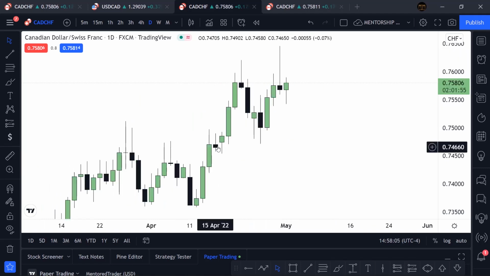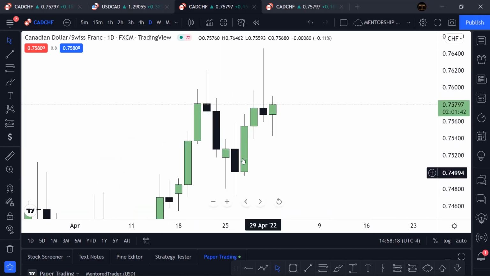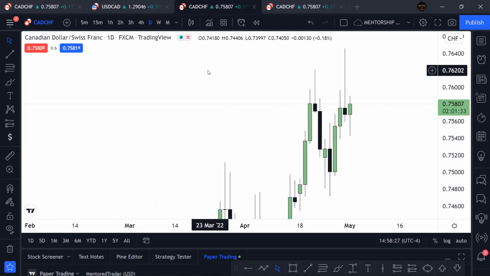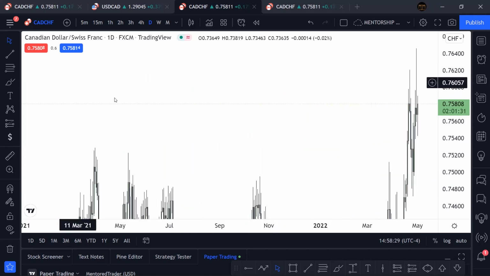Now, this one would be a breaker, but it doesn't meet the requirements, because this is too small. But is this a breaker? Yes, this is a breaker. Okay, this here is a breaker. Why? This is the last black candle before we traded above this high. Not only that high, even so many highs.